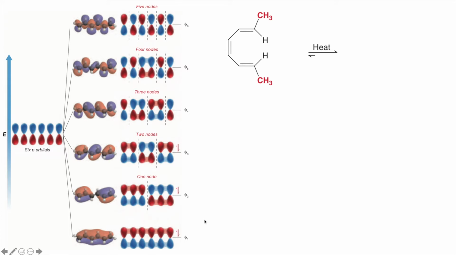Only 2 electrons can fit into each wave pattern, so you'd fit 2 in the bottom one, now that's full, 2 in the next highest one, now that's full, and your last 2 will go in your third highest molecular orbital. So this orbital right here, psi 3, that's the highest occupied molecular orbital for a 3 pi conjugated system.